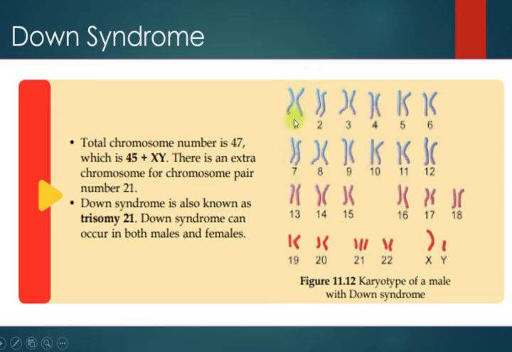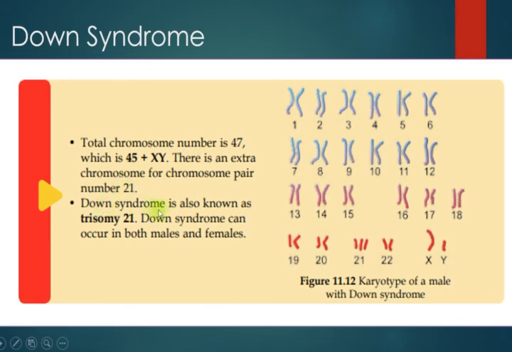Because the autosomes here, from the first pair until the 22nd pair, total 45, due to the extra chromosome on the 21st pair. There is an extra chromosome for chromosome pair number 21.